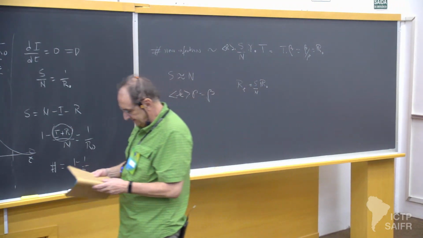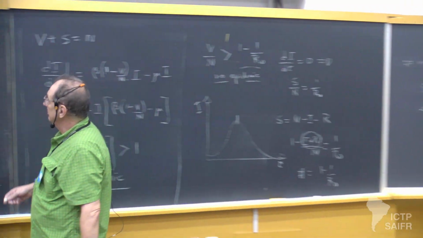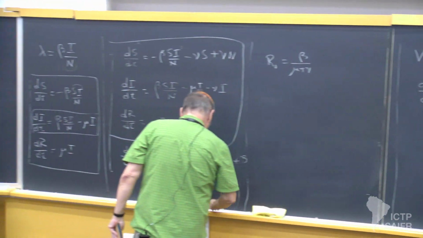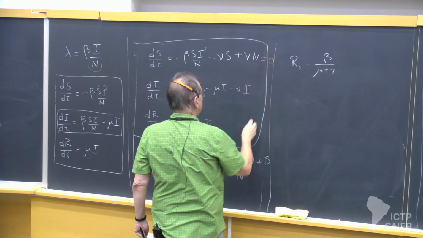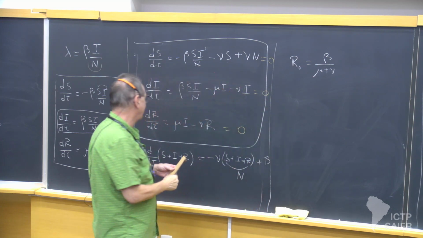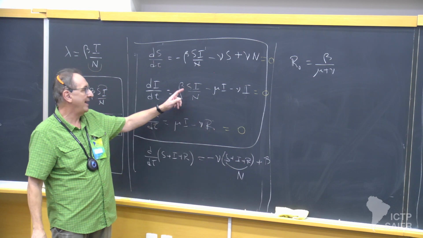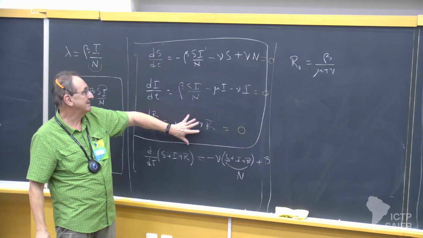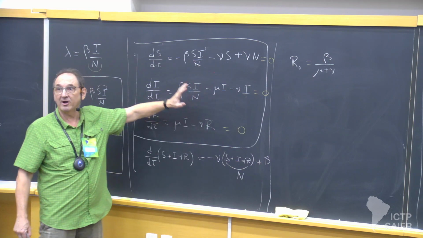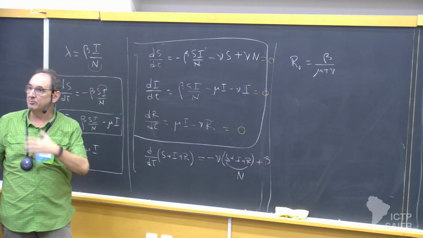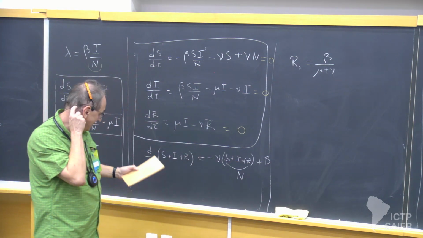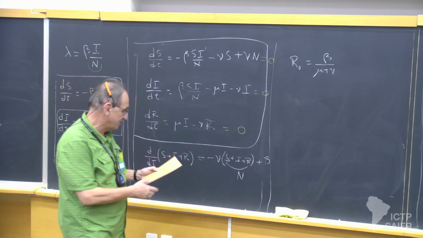So if you do this, if you put this equal to 0 here, you can calculate the values of I, R, and S such that this side here is 0. Therefore, S, I, and R will be constants. Okay? And you can do this. And it's only a little bit of algebra.